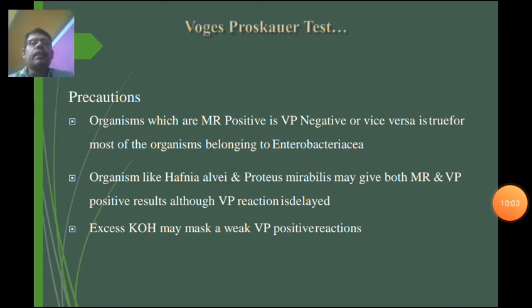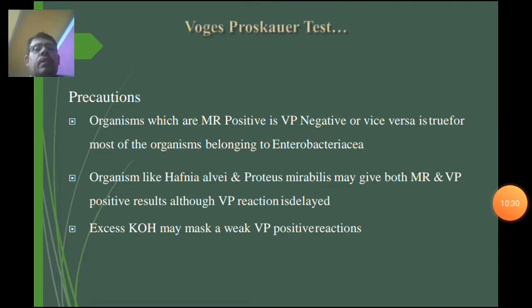Precautions taken in the Voges-Proskauer test: the organism may be MR positive and VP negative or vice versa. Most organisms belonging to the Enterobacteriaceae, organisms like Hafnia and Serratia and Proteus mirabilis, may give MR and VP positive results.